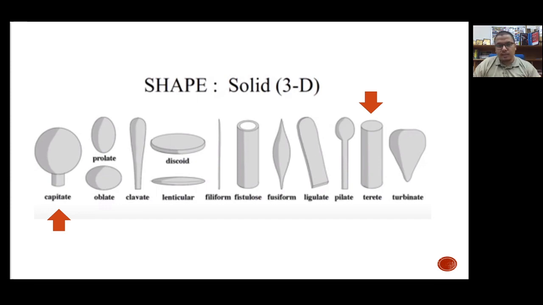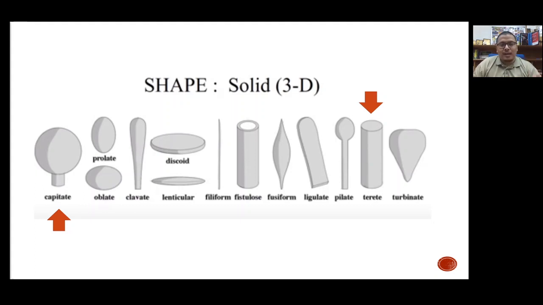Before we go further, I just want to introduce some general terms here. These are terms that can be used for any organ, not specific to leaves; they can also be used for stems or any other things. They are oftentimes shape terms, and there are a whole lot of them, but the good news is that we don't have to learn a lot of them.